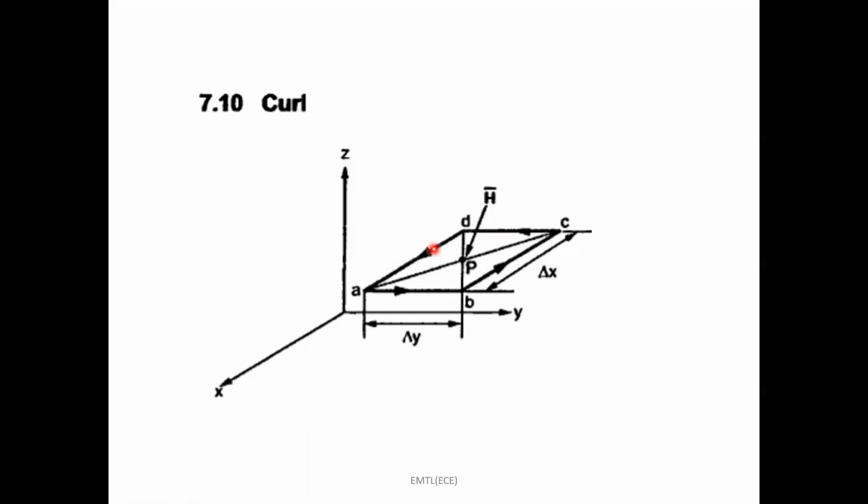So this is the closed path. The current is passed through this closed path. Due to passage of current, in the surrounding space, a magnetic field is developed. That's why at the point P, which is at the center of the closed path, we have to calculate the magnetic field intensity.